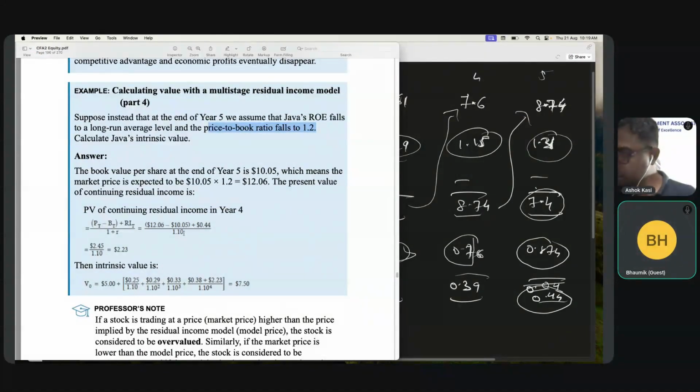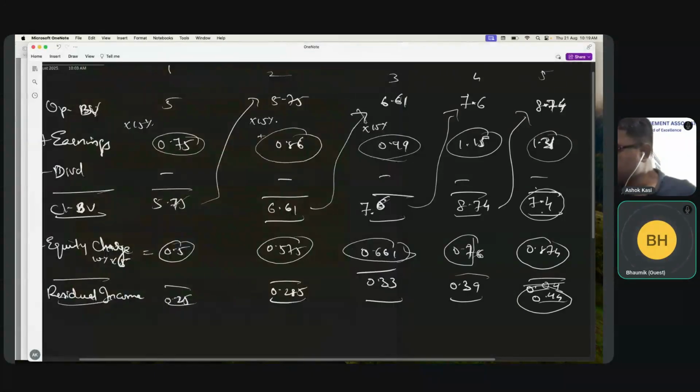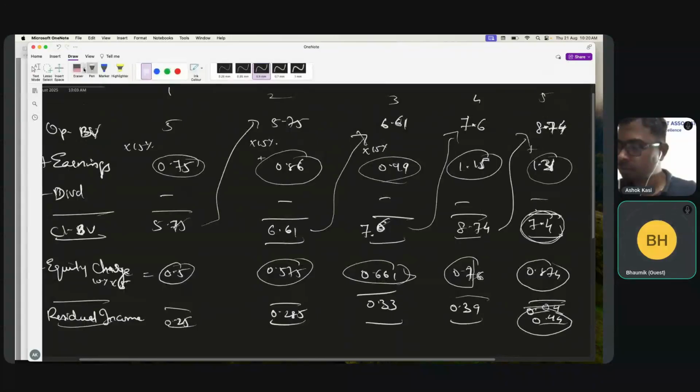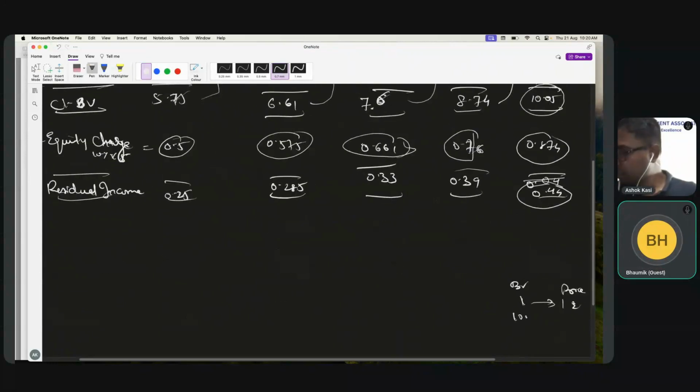Here it is saying 10.5. You have not added it, you have reduced it. You are supposed to add: 8.74 plus 1.31 is not 7.4, it is 10.05. So for 10.05, what should be the price?